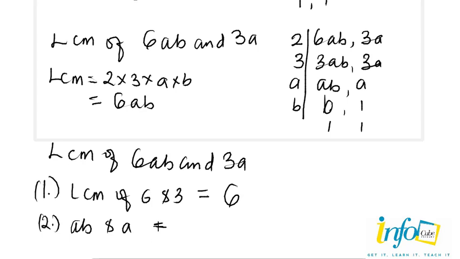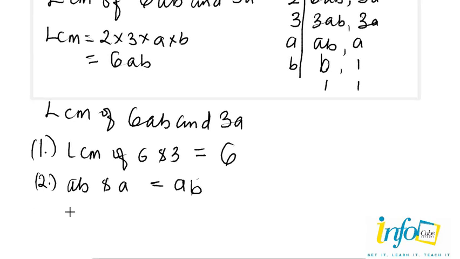In this case, all you need to do is write out the letters you have in the question, but don't repeat any one. So I have a here. We have a in the two of these sides. Just pick a. It has represented the a. Then you now have b. So you now have ab. So in other words, the L.C.M of 6ab and 3a becomes 6ab.